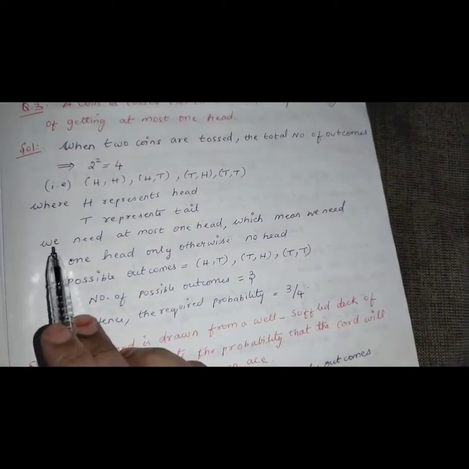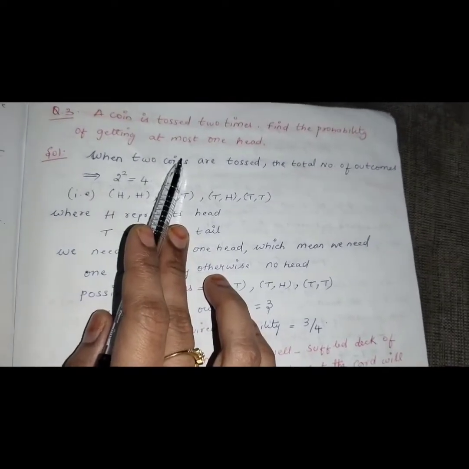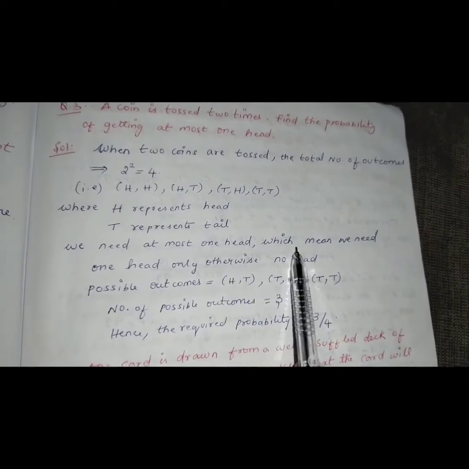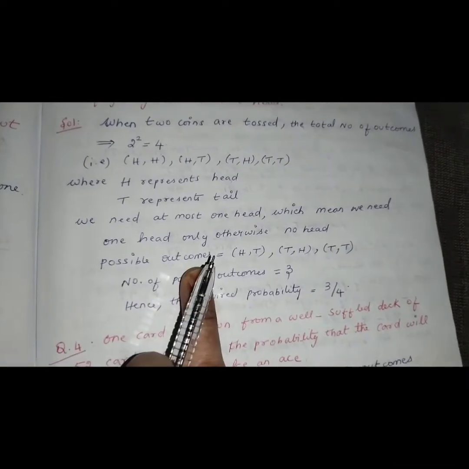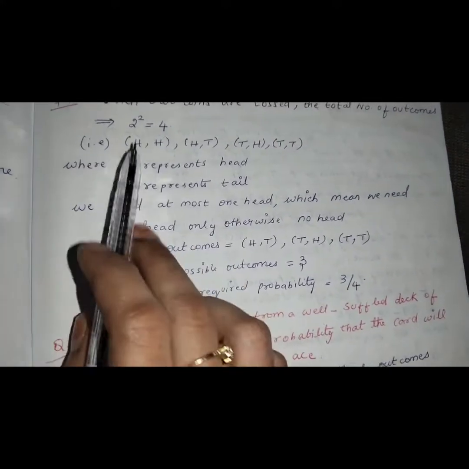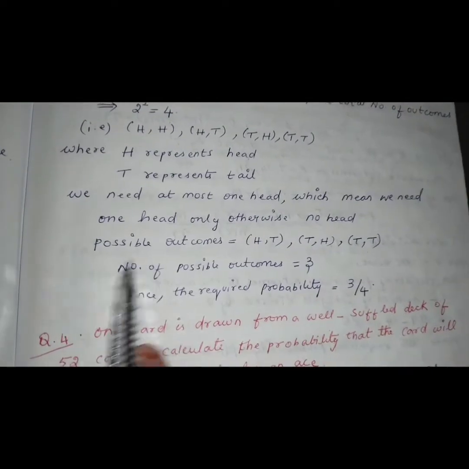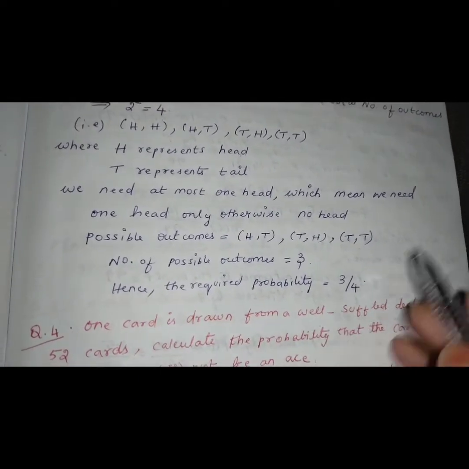The question asks for at most one head, which means we need only one head at most. So the possible outcomes are head tail, tail head and tail tail. So the number of possible outcomes is 3.